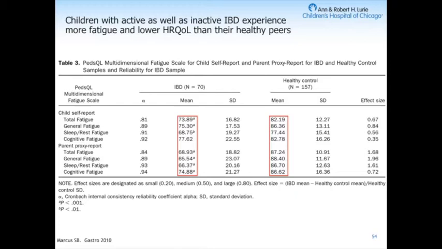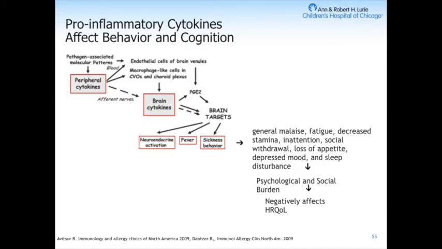So you want to have higher numbers. And we see that despite being on adequate therapy, they still report lower quality of life. And that may be due to cytokines causing some kind of low-grade inflammation, just affecting them in a way that we cannot measure right now or today.